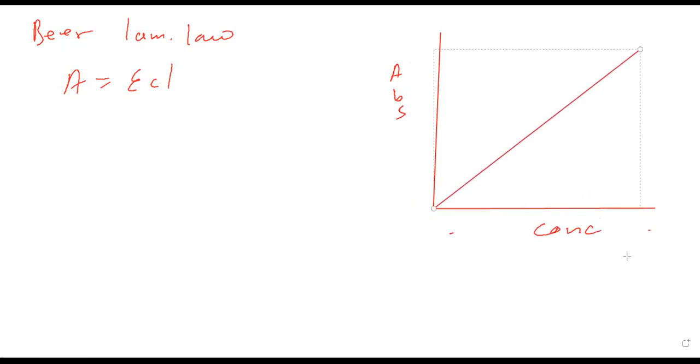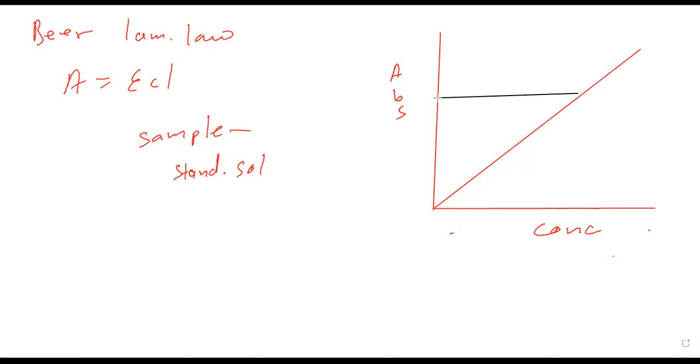If they ask it like this, you will have a sample, and you will be trying to find the concentration of this sample. So you will have standard solutions, and you take the absorbance readings of the standard solutions, and then you take it for the sample. If you want the concentration for the sample, you're simply going to extrapolate it.